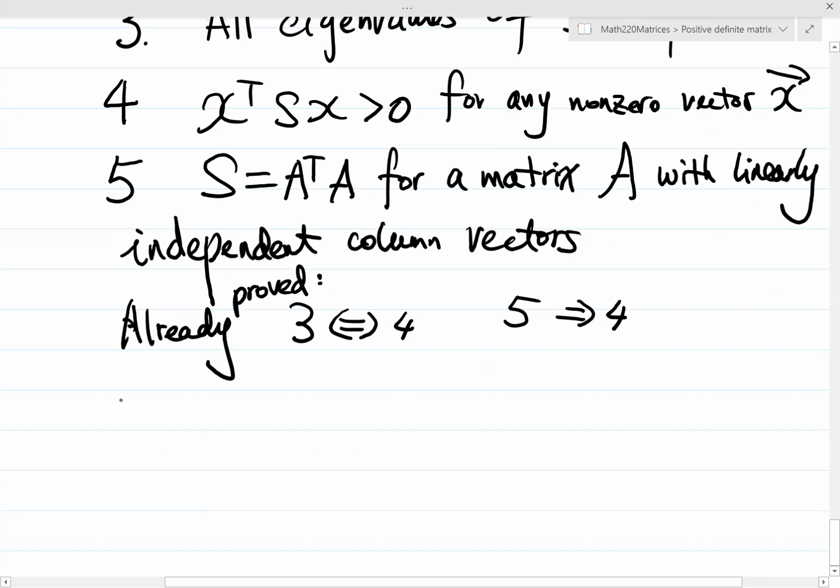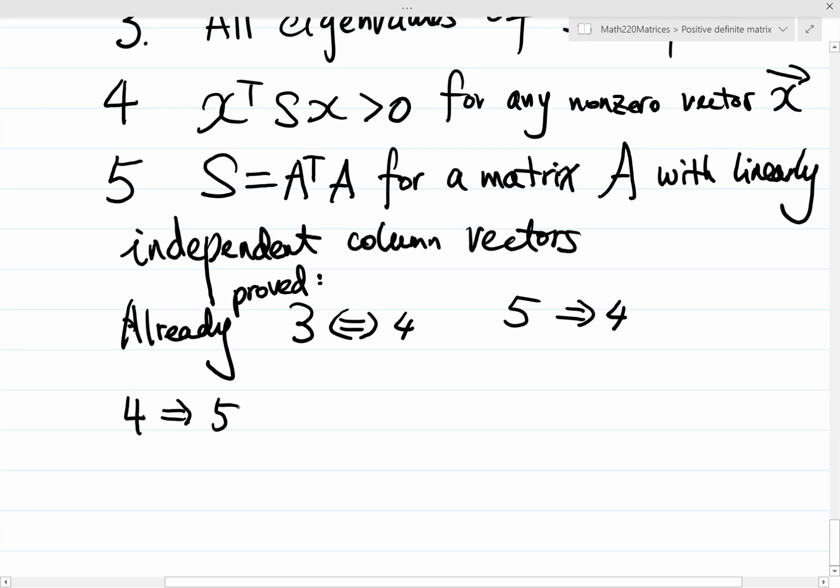This time we don't have enough time to prove it. Okay, let me mention how we prove 4 implies 5. The idea.